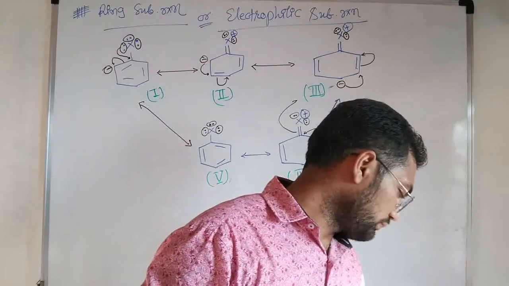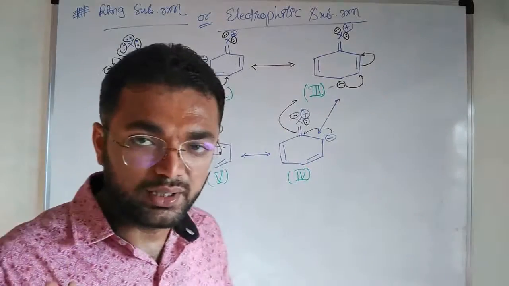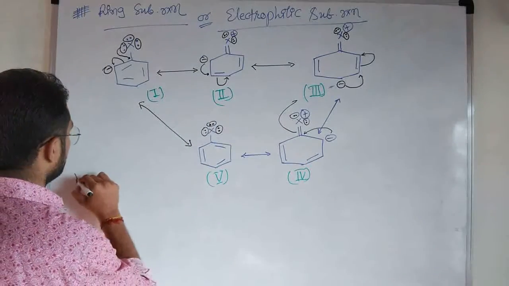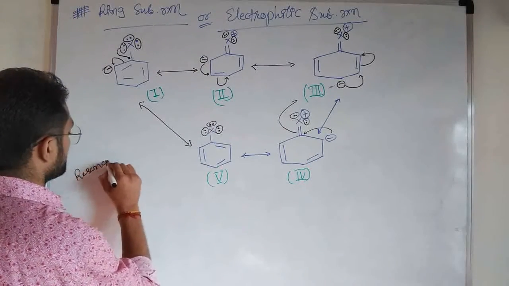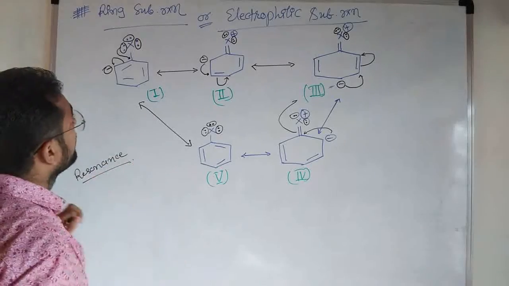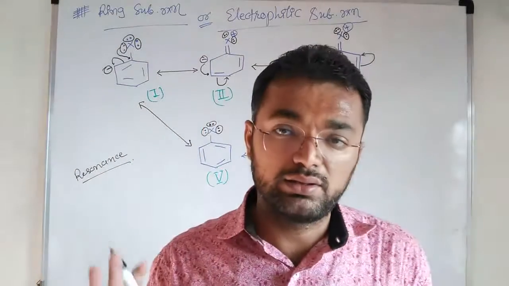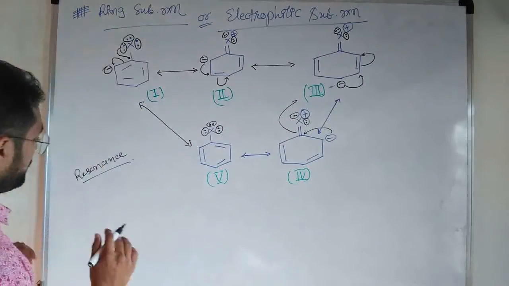So in one structure, this is the resonance structure of haloarene.